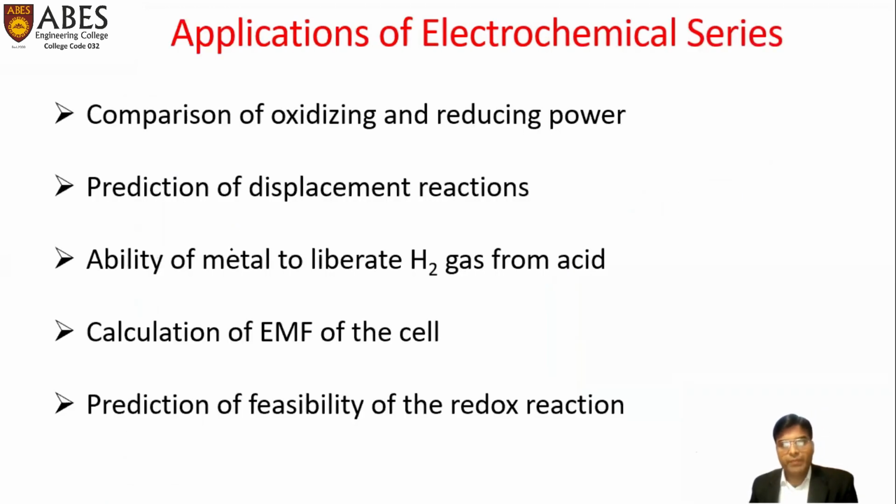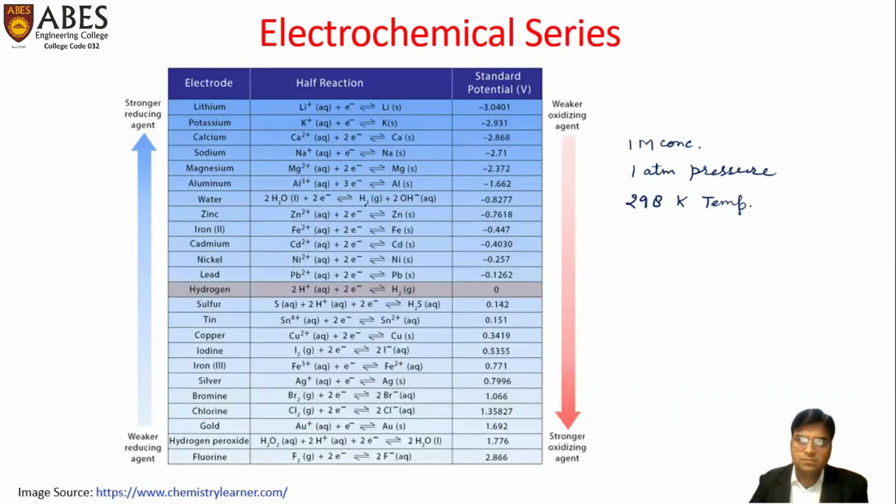The ability of metal to liberate hydrogen gas from acid. Electrochemical series can help us to predict which metals will liberate hydrogen gas from the acid. Any metal which is listed above the standard hydrogen electrode has the tendency to reduce the hydrogen ions to the hydrogen gas.